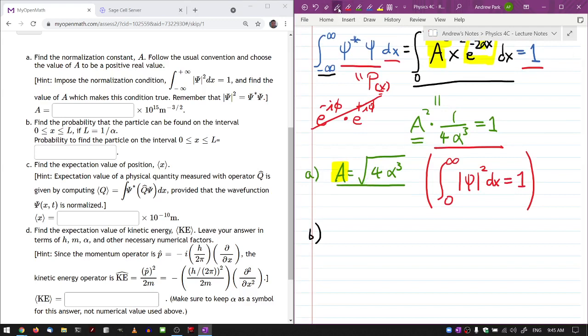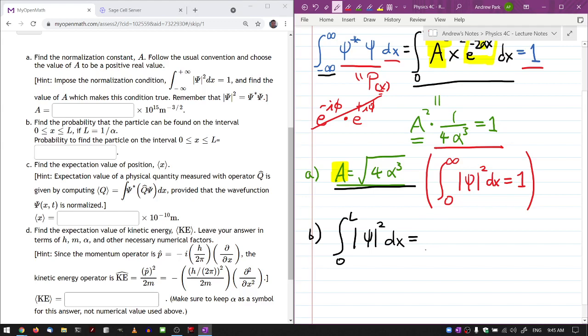To calculate that, you just calculate the area under the curve, the curve being the absolute value of psi squared, over the interval. Here, the question gives the interval of 0 to L. So that's it. You plug in the expression for A that you found in part A.